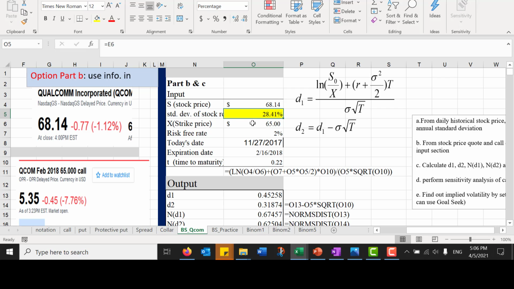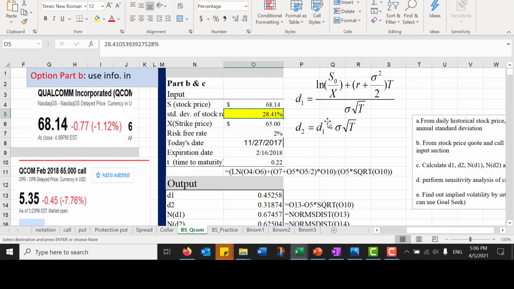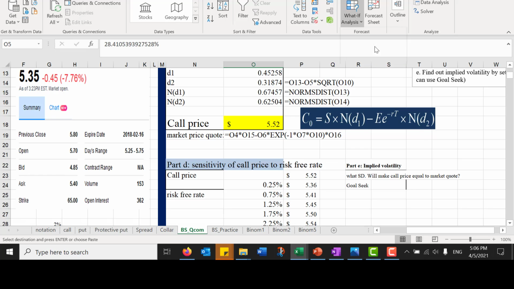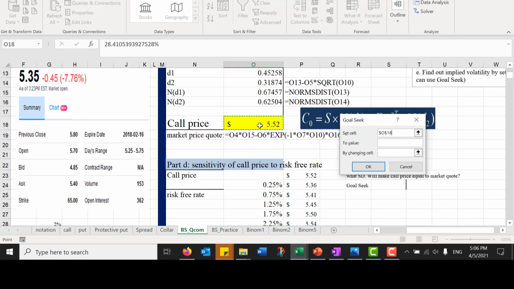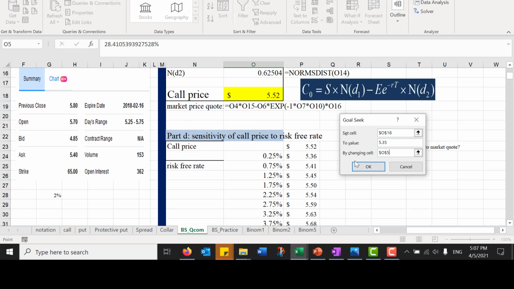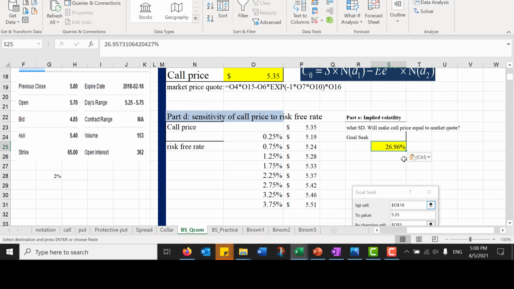At the time when I constructed this snapshot of the stock price and call option, it is November 27, 2017. The option expiry date is February 16, 2018. So we have to compute the actual date here, 2/16/2018. For the time to maturity, we use calendar dates, but we have to express it in number of years.